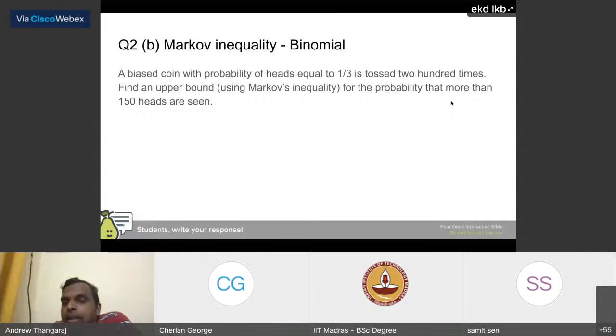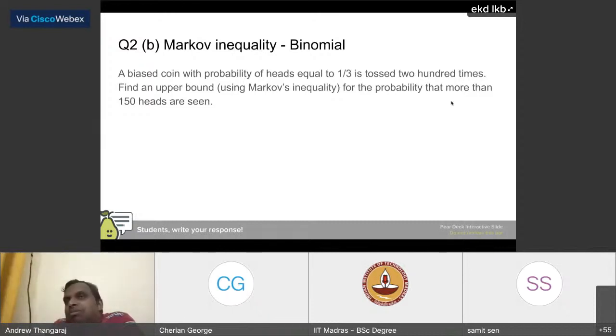Anushka Singh has asked another question: what will be the probability that x equals 150? That's just a binomial calculation, right? It will be 200 choose 150, p power 150, 1 minus p power 50. You can write all that down and calculate it.